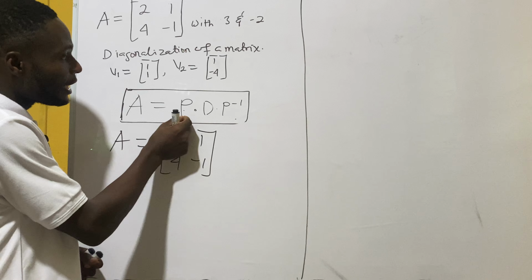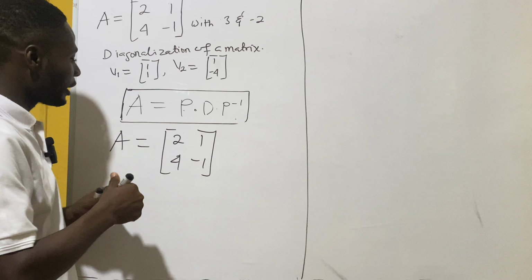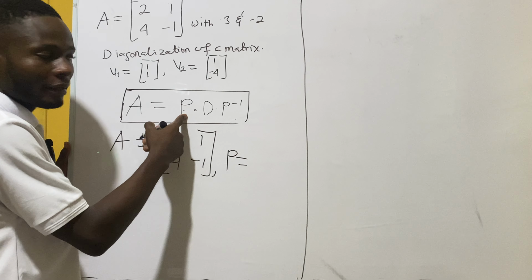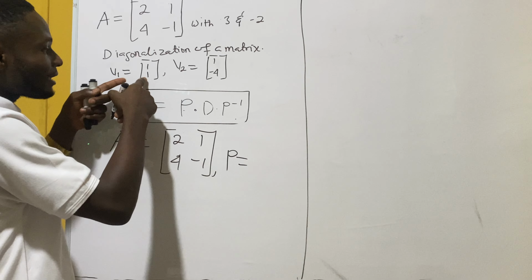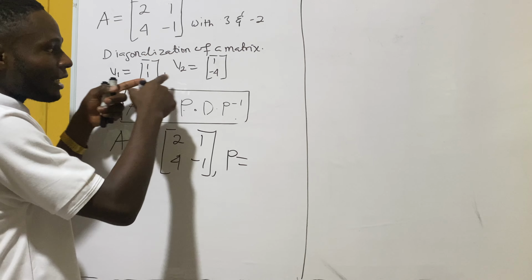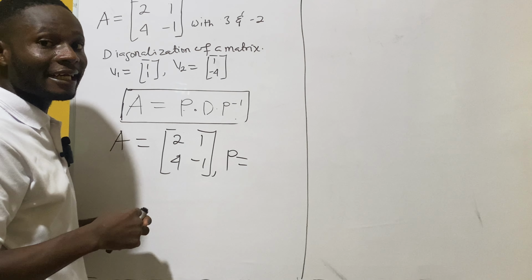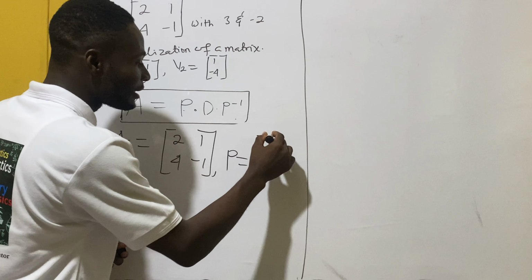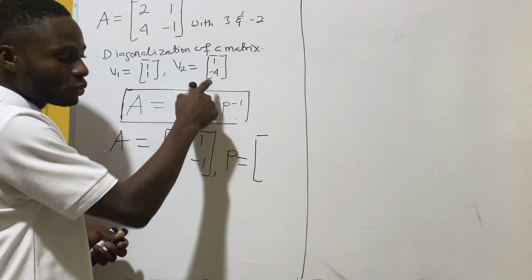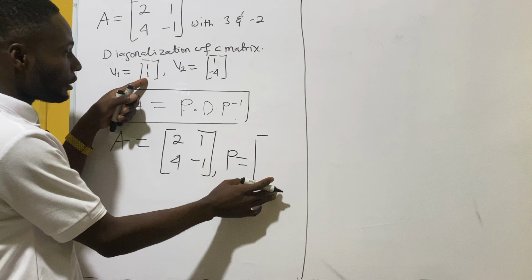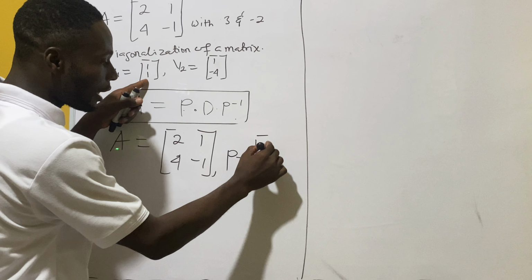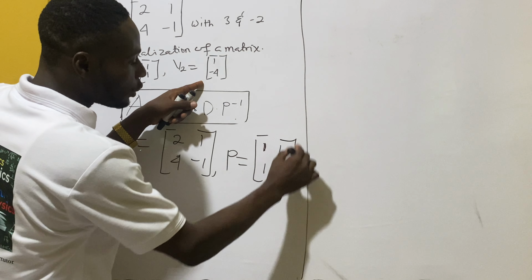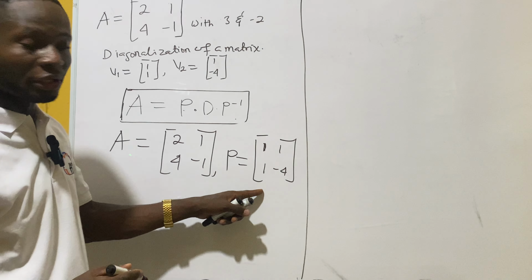So you're going to combine the first eigenvector and the second eigenvector, and that becomes your matrix P. So we have 1, 1, 1, negative 4, and this becomes your matrix P.